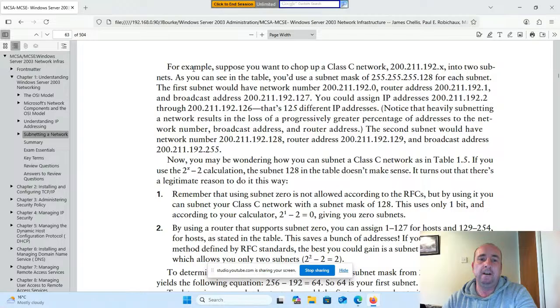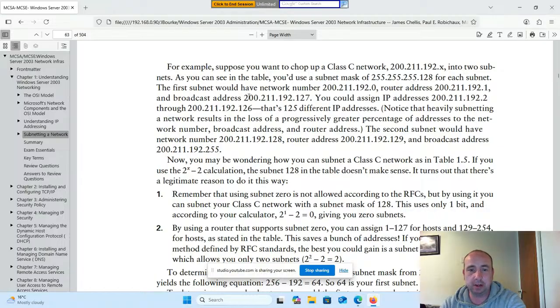For example, suppose you want to chop up a Class C network 200.211.192.x into two subnets. As you can see in the table, you'd use a subnet mask of 255.255.255.128 for each subnet.